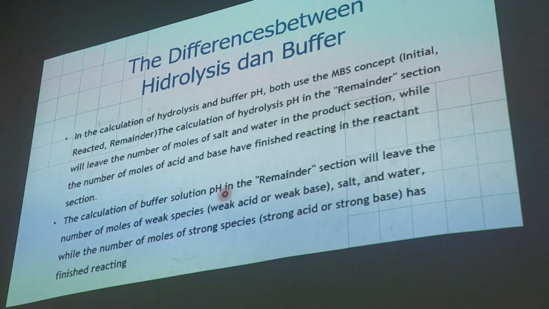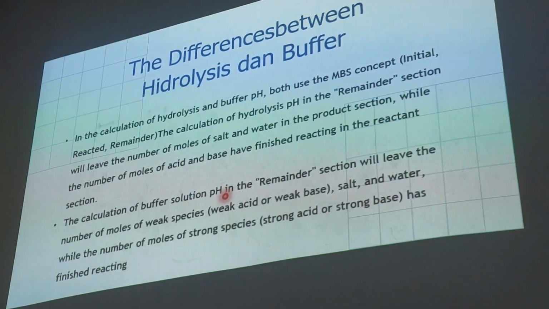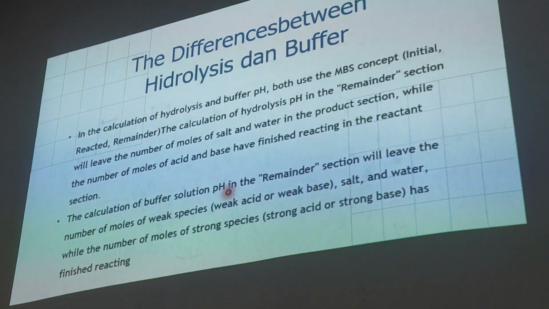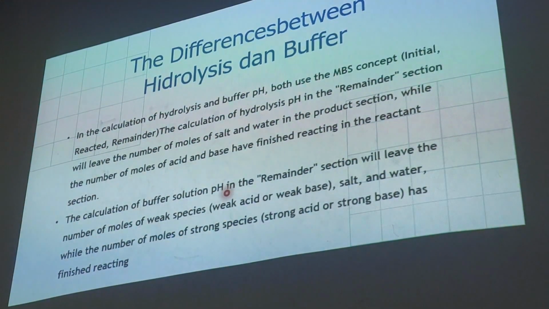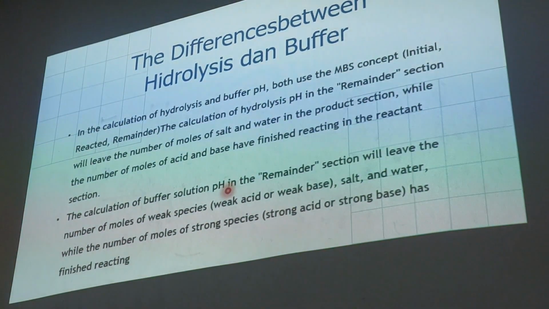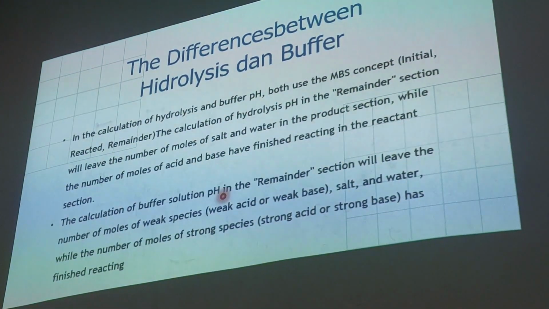How can I say it in English? It's very tiring when we have to think in English. Initial, reactive, remainder, or IRR, it's okay. Not MBS, but IRR, it's okay.